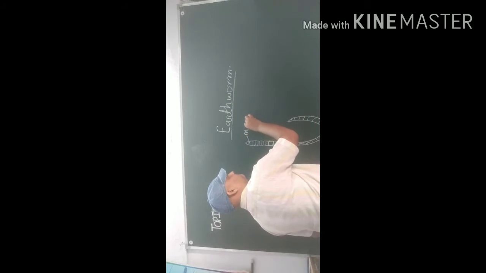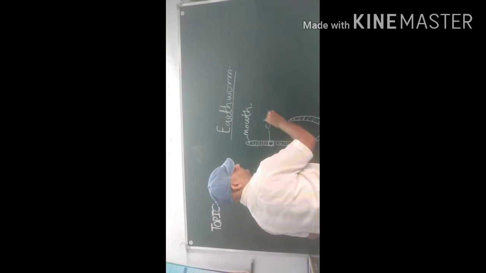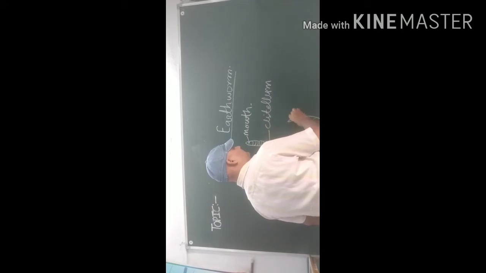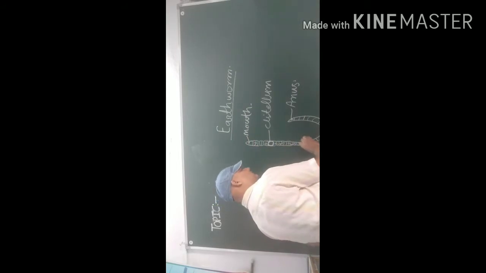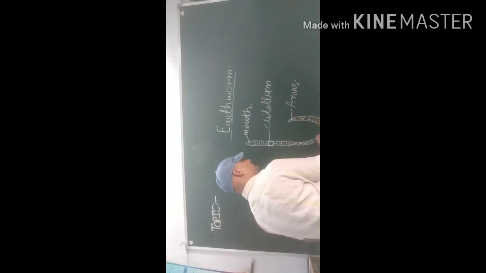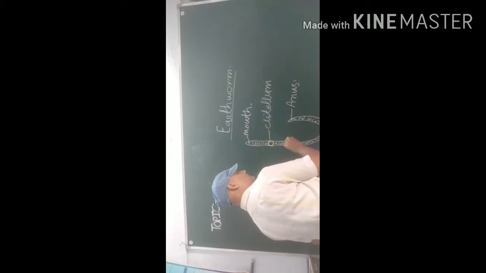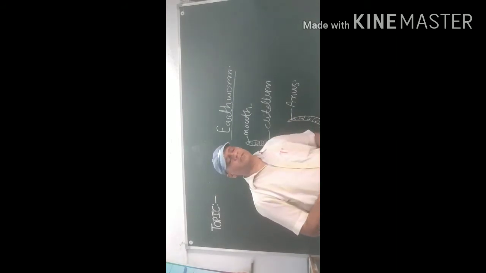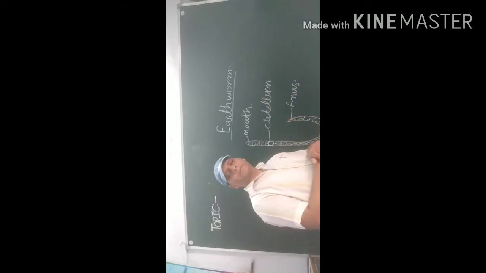The external morphology: the earthworm is composed of mouth, clitellum, and anus.